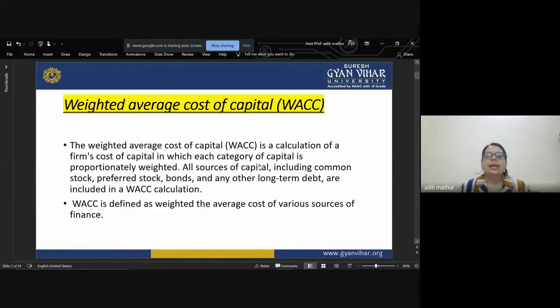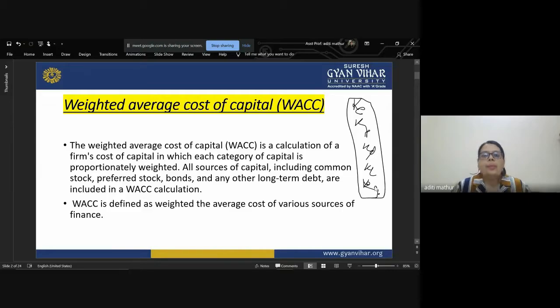So what is WACC or weighted average cost of capital? The weighted average cost of capital is calculation of the firm's overall cost in which each category of capital is proportionally weighted. That means these all costs, that is your KE, KP, KD, KL, and KR, they are proportionally weighted so that we can get overall KO.